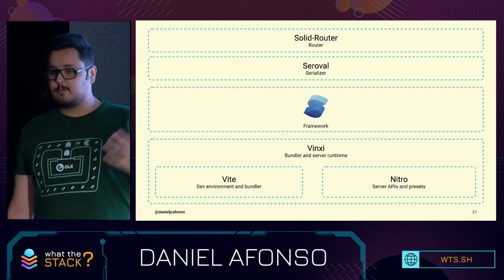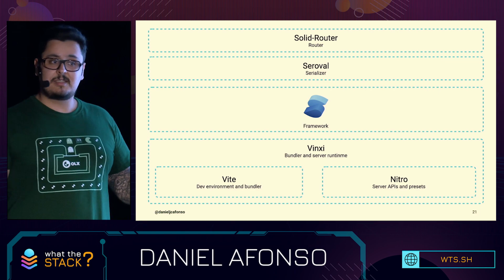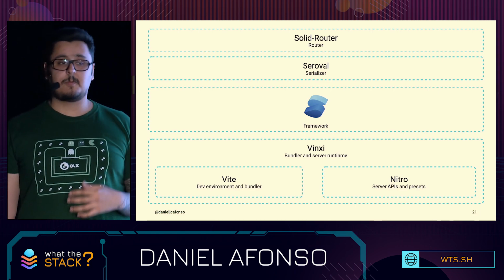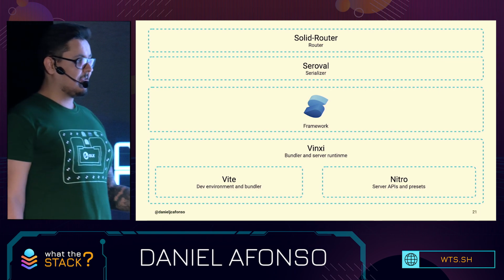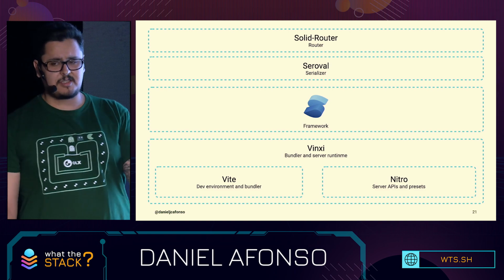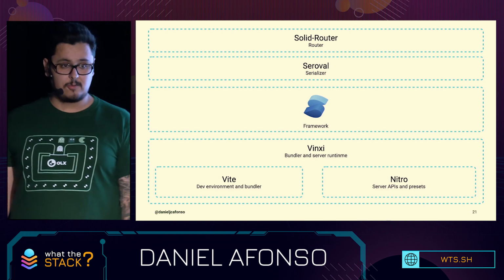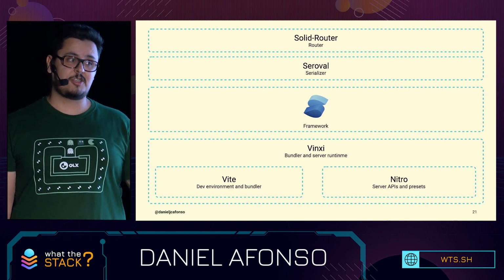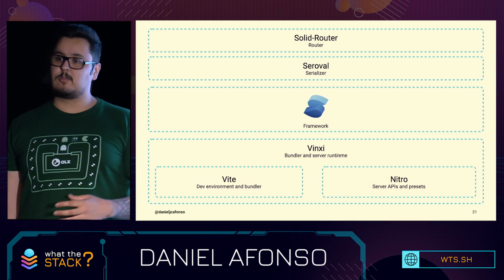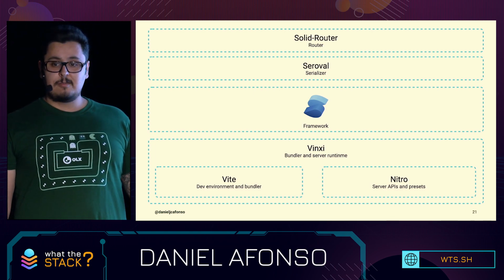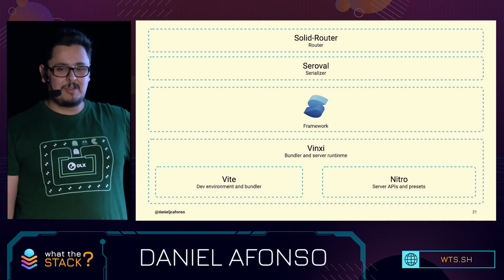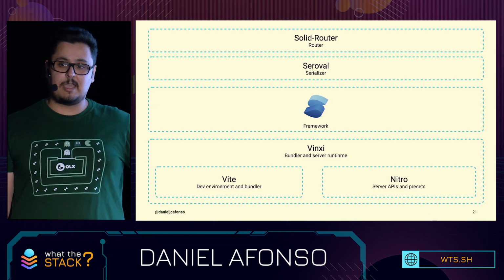The reason we went with Nitro, for instance, is that it's powerful enough to power Next, it's powerful enough to power Analog, and if I learned one thing about the Solid community, it's that we like to grow and learn with each other, we like to help each other, and we like to grow as a community. And by being part of the Nitro community, we are contributing to making the ecosystem better.